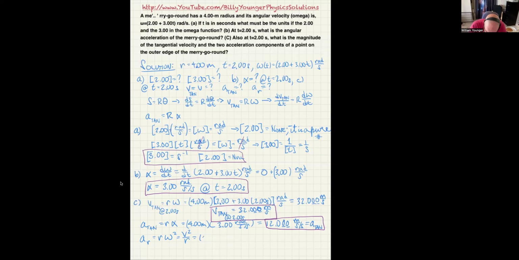So I'm going to write 4.00 meters as the radius, and then omega, which is specifically the omega at t equals 2 seconds. So this should be plugging in my equation for omega. That's 2.00 with no units.